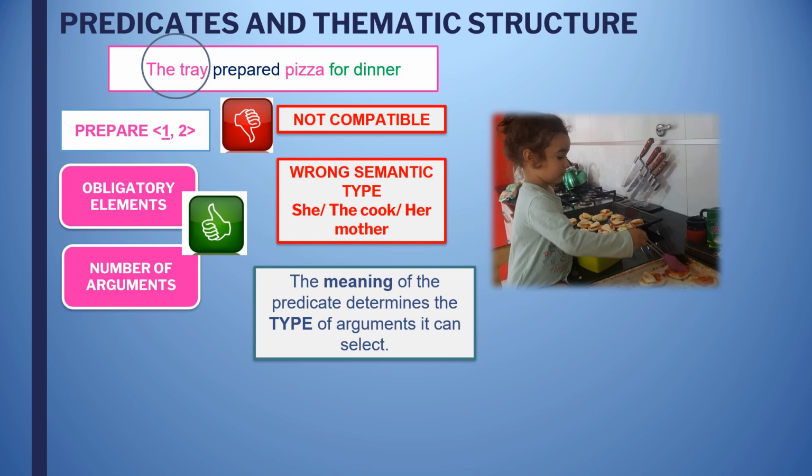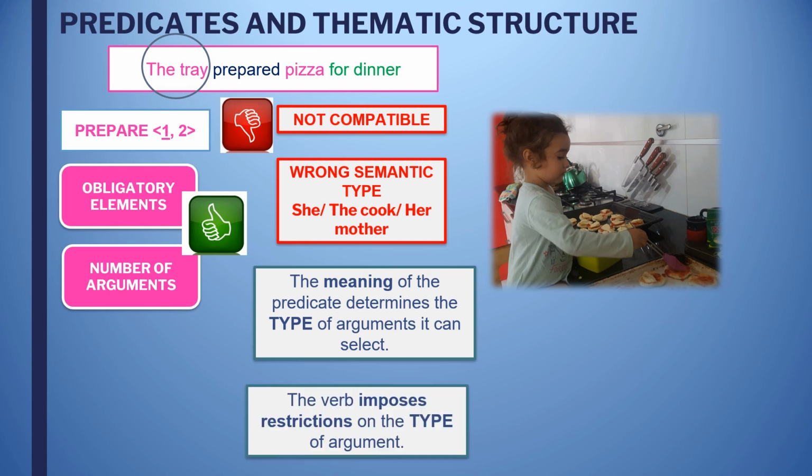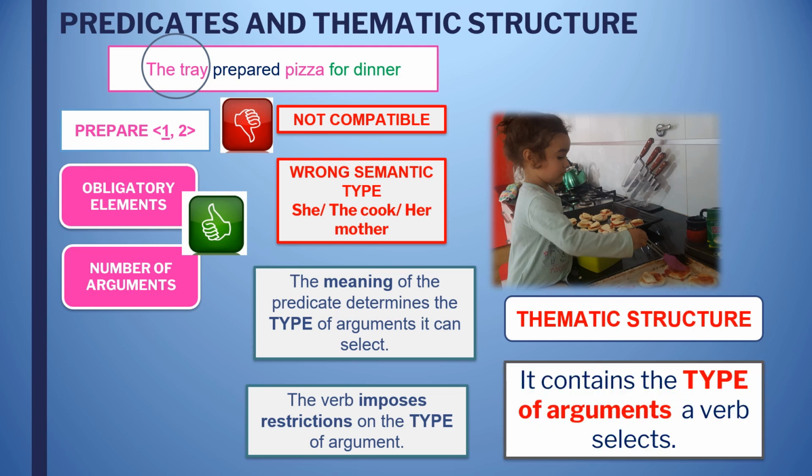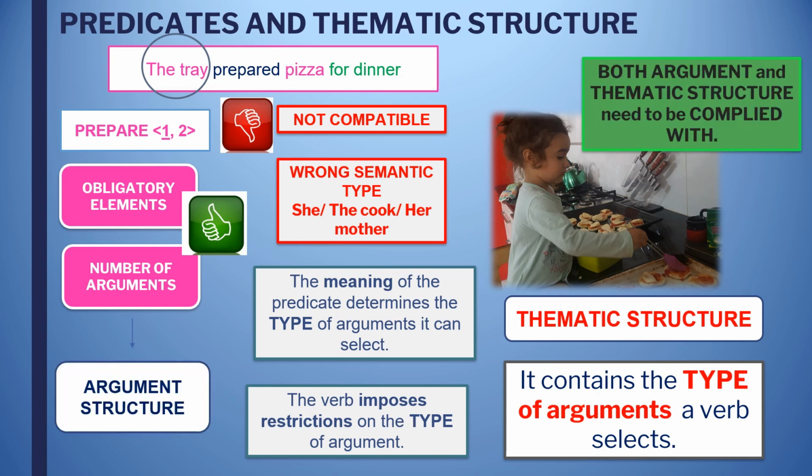This is so because the verb imposes restrictions on the type of arguments it selects. That is, not any entity can appear as an argument of a verb, only those that are semantically appropriate. This semantic aspect is contained in the thematic structure that contains information about the type of arguments the verb selects. So, for a sentence to be correct, both the argument structure and the thematic structure have to be correct.